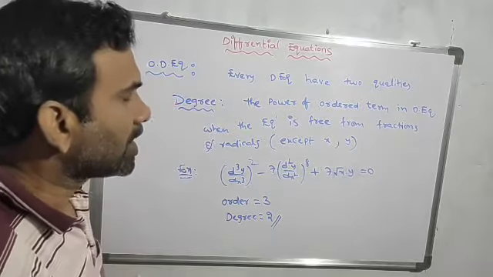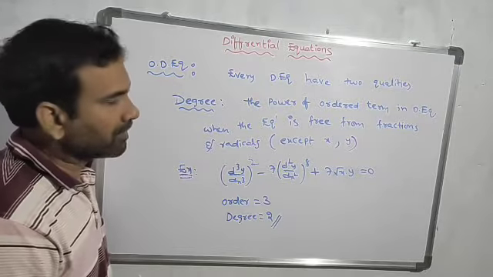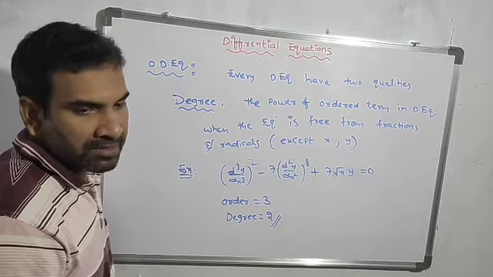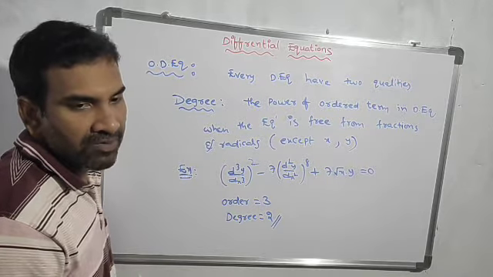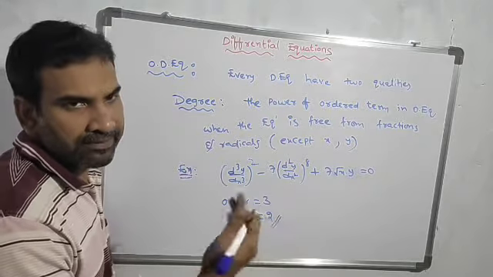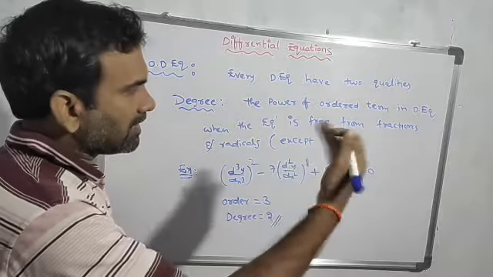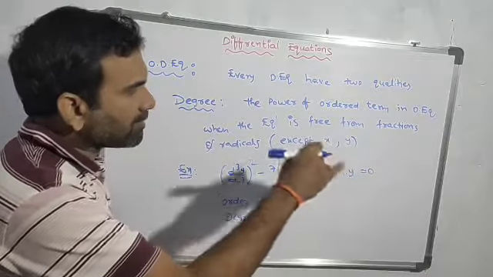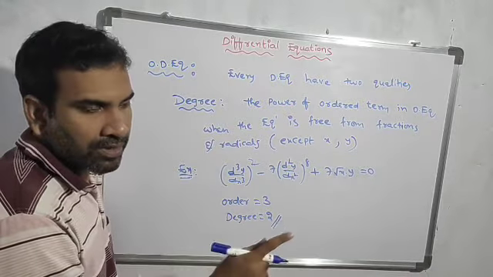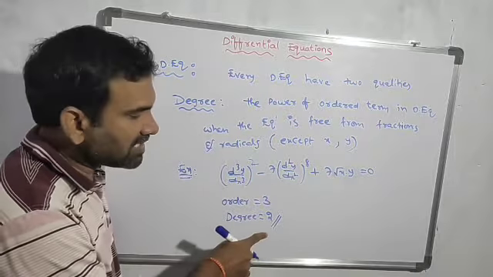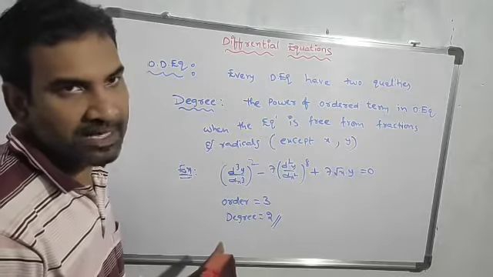Before saying the degree, we have to check that the ordered term and the remaining terms are free from fractions and radicals, except x comma y, the dependent and independent variables. The highest derivative is called order, and its power we can consider as degree. So this is the definition and this is one example.